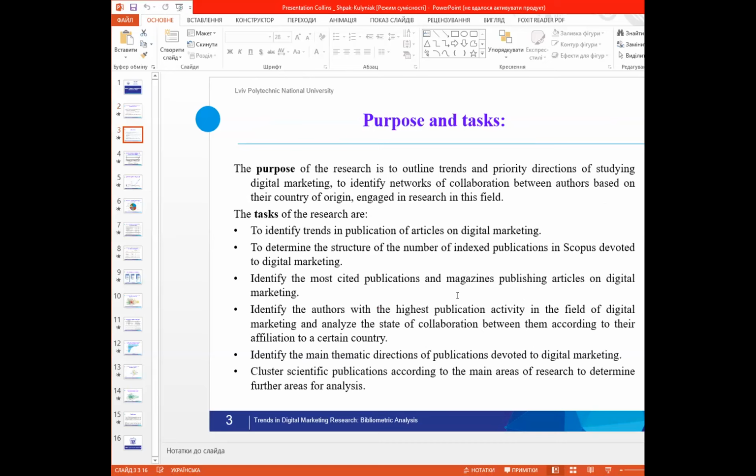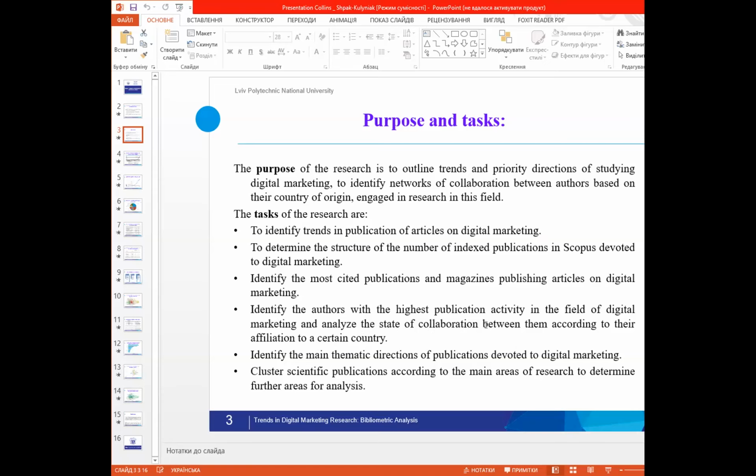Thus, the purpose of our research was to outline trends and priority directions of studying digital marketing. The precise tasks of the research were to identify trends in publication of articles on the topic and determine the structure of the number of indexed publications in Scopus devoted to digital marketing, and identify the most cited publications as well as magazines publishing articles on the topic, as well as to identify the authors with the highest publication activity in this field and analyze their collaboration.